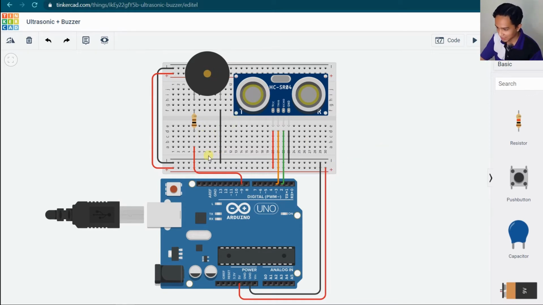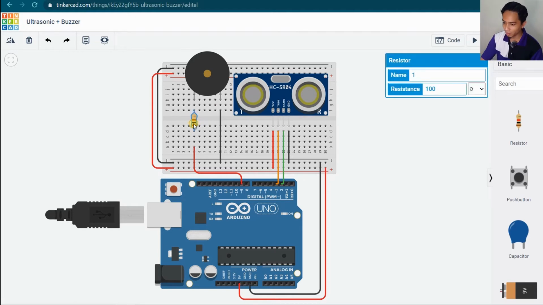As you can see, you can directly connect both the positive terminal and the negative terminal to the Arduino. The positive goes to the Arduino pin and the negative goes to the ground. But for me, I put this 100 ohm resistor here.